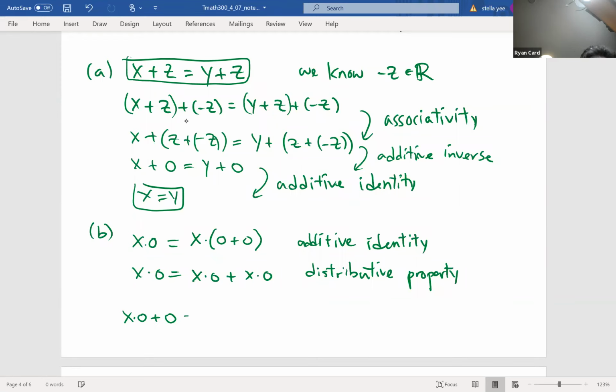Sorry, that's supposed to be a 0. And I'm allowed to add 0 to one side because it's the additive identity.